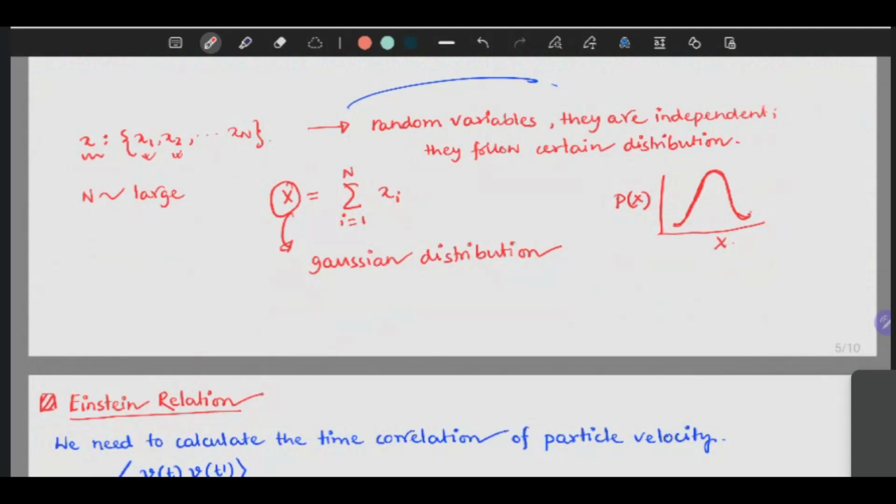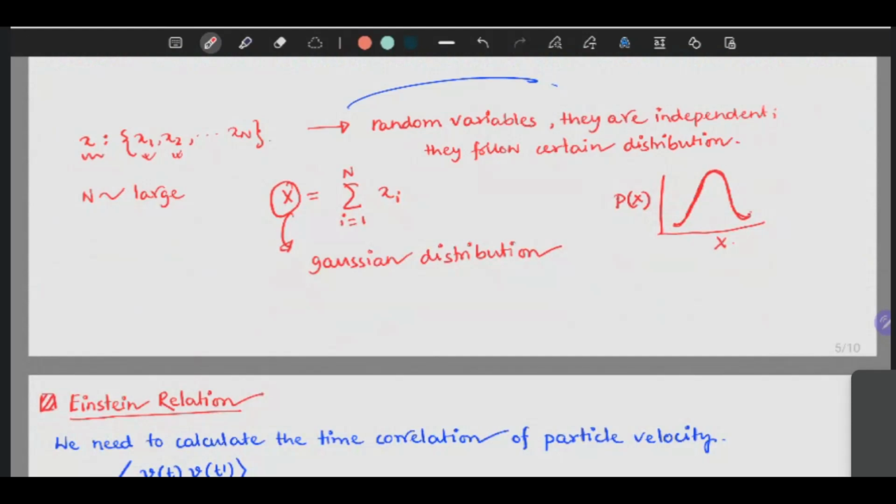So from there you can easily write e to the power minus 2t by tau_v plus 2 cancels out, and there will be a and a there, so a tau_v by m squared into (1 minus e to the power minus 2t by tau_v).